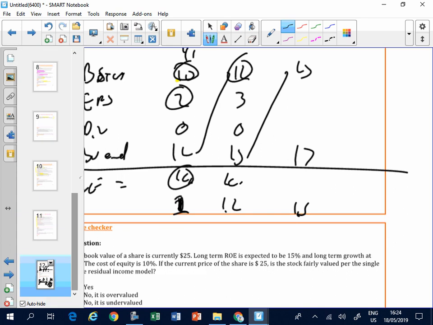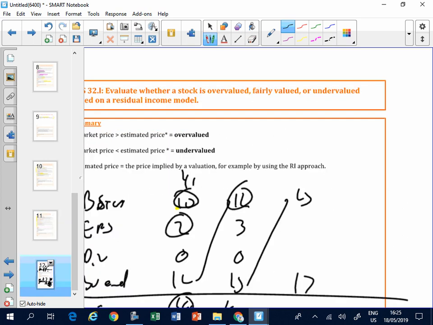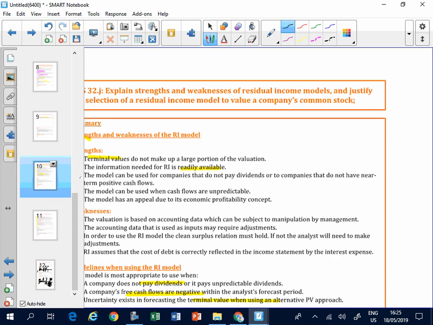Any questions, guys? Just on the weakness of the residual income model, the last point, it says that it assumes cost of debt is directly reflected. Why is that assumption there? Because the cash flow and the accounting is 1-to-1, that's what I think they mean.